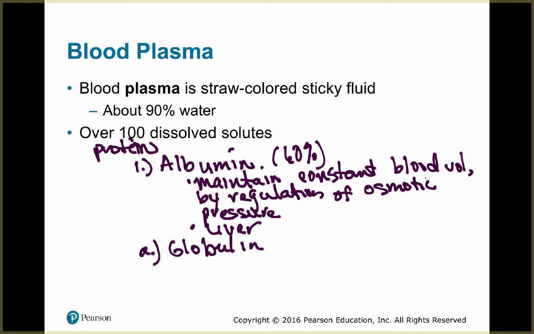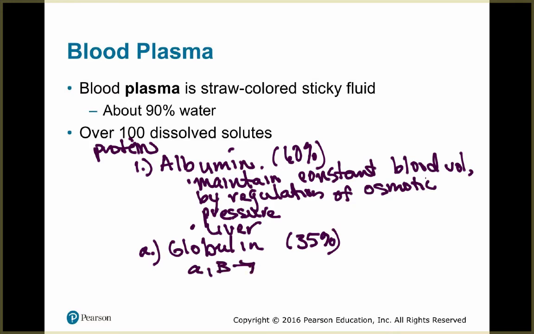Globulins, which account for about 35% of the total proteins, are important in transporting lipids and fat-soluble vitamins and used to help with production of antibodies. These are known as alpha, beta, and gamma globulins.